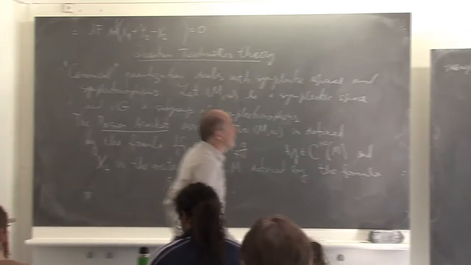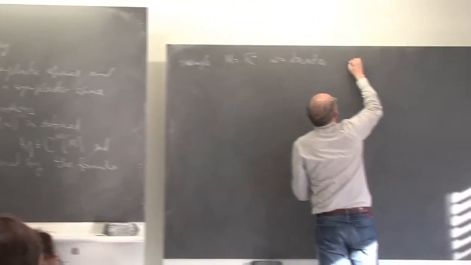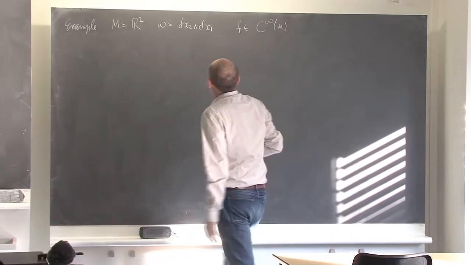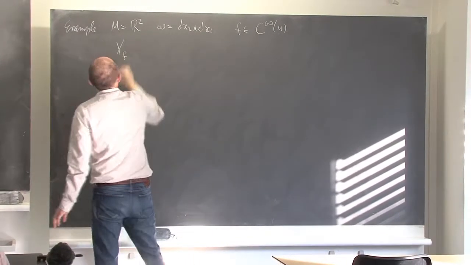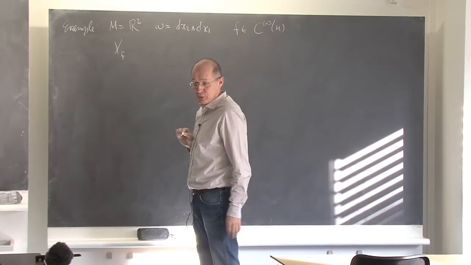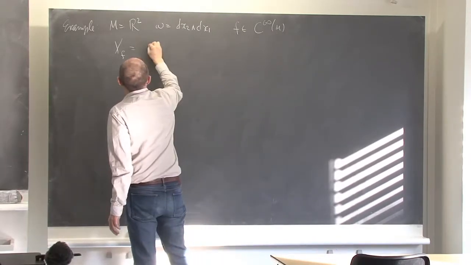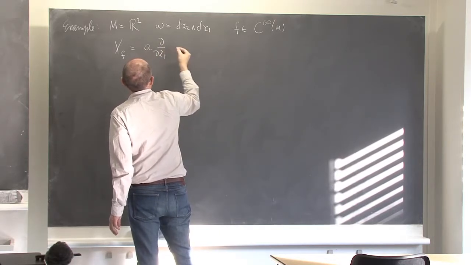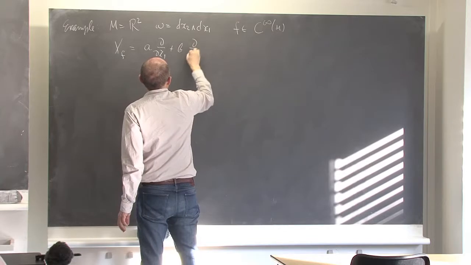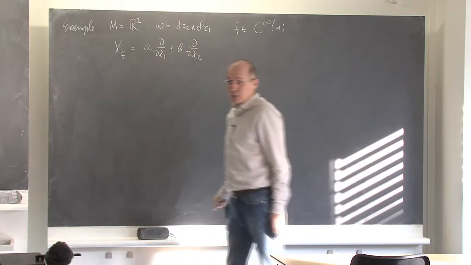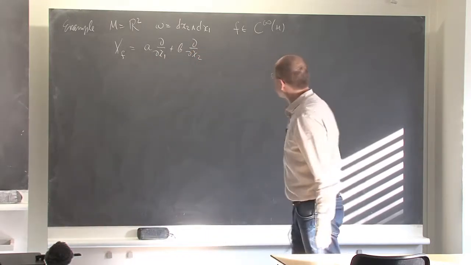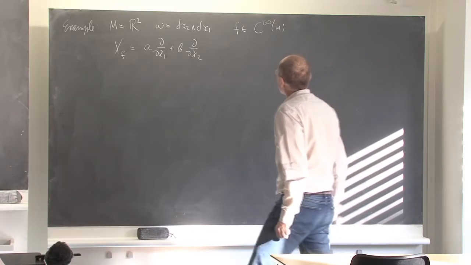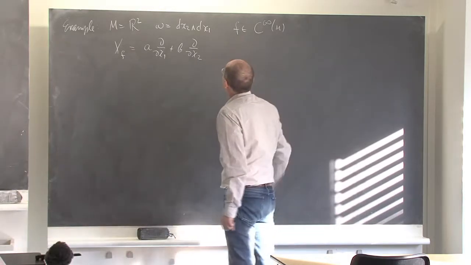So let us pick a function f in C infinity of M, and we'd like to find X_f. So this should be a vector field. So it should be some coefficient a times d over dx1 plus b times d over dx2. So we have to identify those coefficients in terms of the function f.